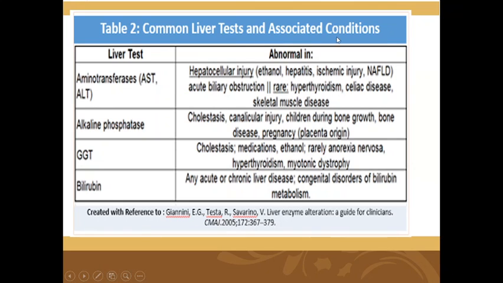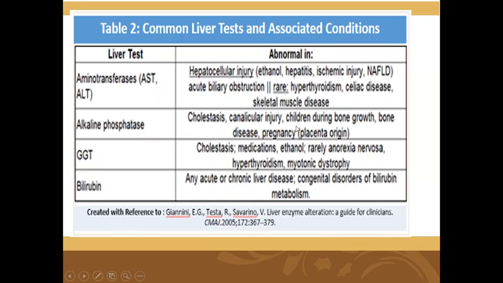Common liver test associated conditions: here are the enzymes AST and ALT, raised in hepatocellular injury, which may be due to ethanol, hepatitis, ischemic injury, or acute biliary obstruction. In all these cases ALT and AST will be raised, whereas alkaline phosphatase will be raised in cholestasis.